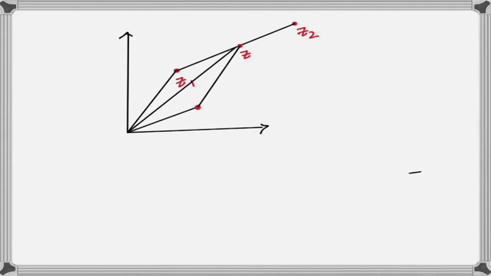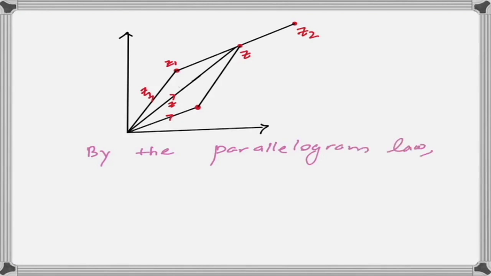So if this is our complex number z1, whereas this is our complex number z, then by the law of parallelogram of vector addition, let me call this segment W. Then z1 plus W is equal to z, so that W is equal to the complex number z minus z1.